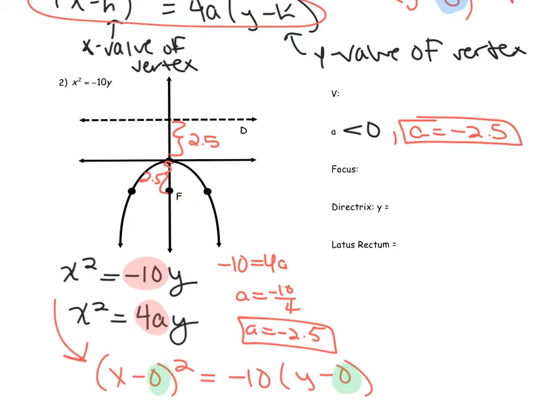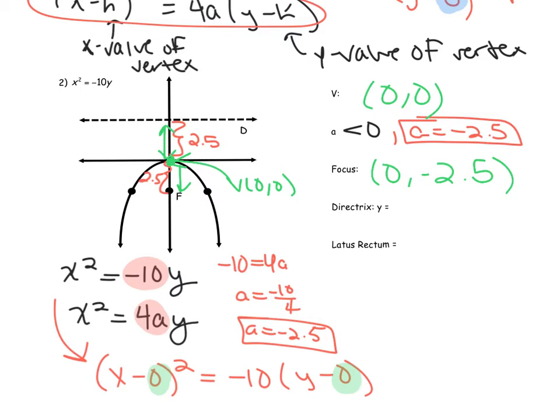Take those h and k values. So my vertex is at 0, 0. So this is right here, my vertex. I know the focus is down 2.5 units, so I'm at 0, negative 2.5. The directrix is above by 2.5 units, so that's y equals 2.5.